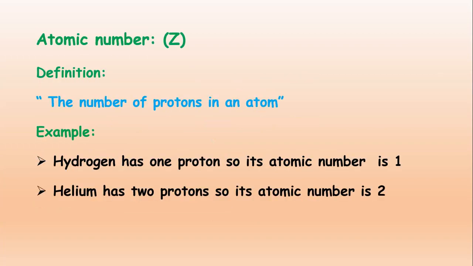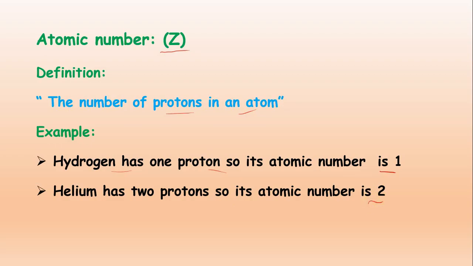Now atomic number, that is represented by Z. What is the definition of the atomic number? The number of protons or electrons in an atom is called the atomic number, and it is represented by the capital Z. Example, hydrogen has 1 proton, so its atomic number is 1, and helium has 2 protons, so its atomic number is 2.